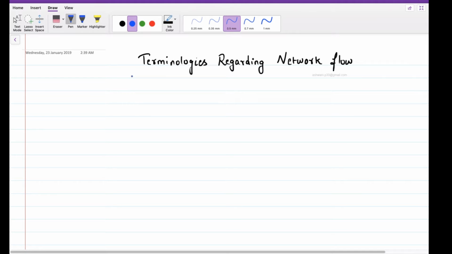So now, let us know what the capacity of an edge means.